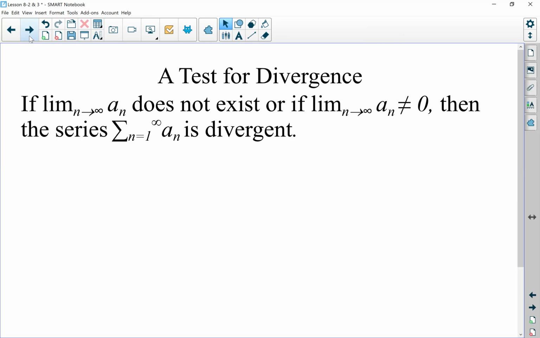So if I had the series n goes from 1 to infinity of n plus 1 over n, clearly my numerator is larger than my denominator, and we won't go to 0. So that would be a divergent series.